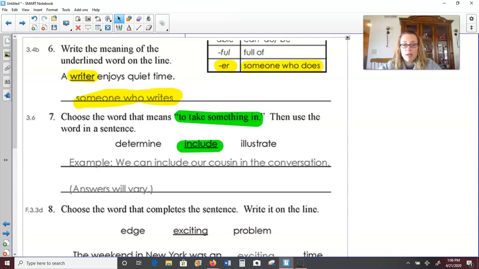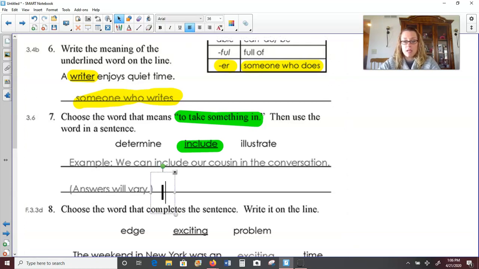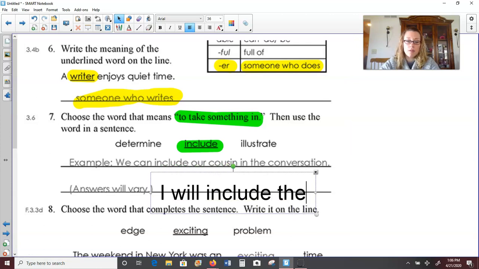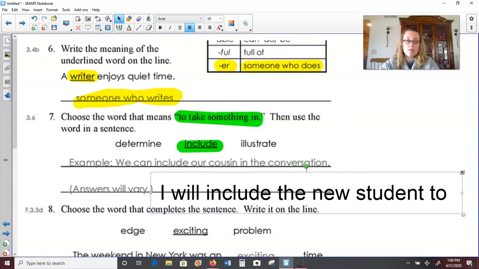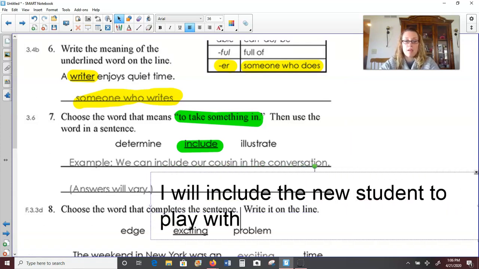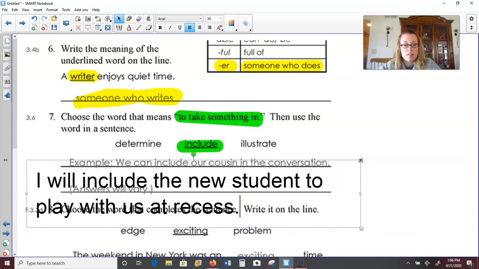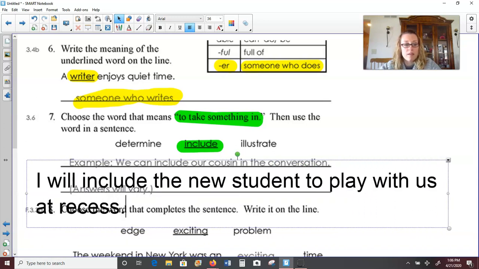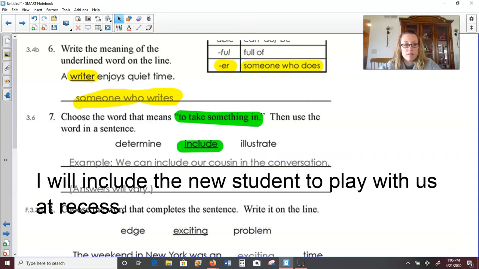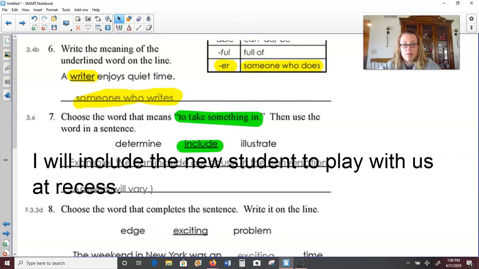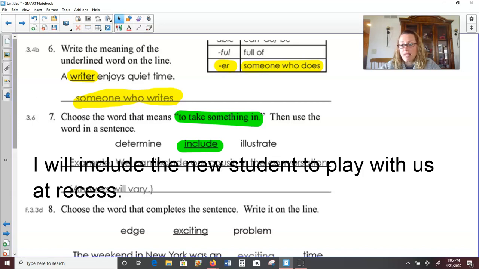So you can come up with your own sentence. I might say, I will include the new student to play with us at recess. Okay? I will include the new student to play with us at recess. All right, it's a little big, hard to squeeze it down.